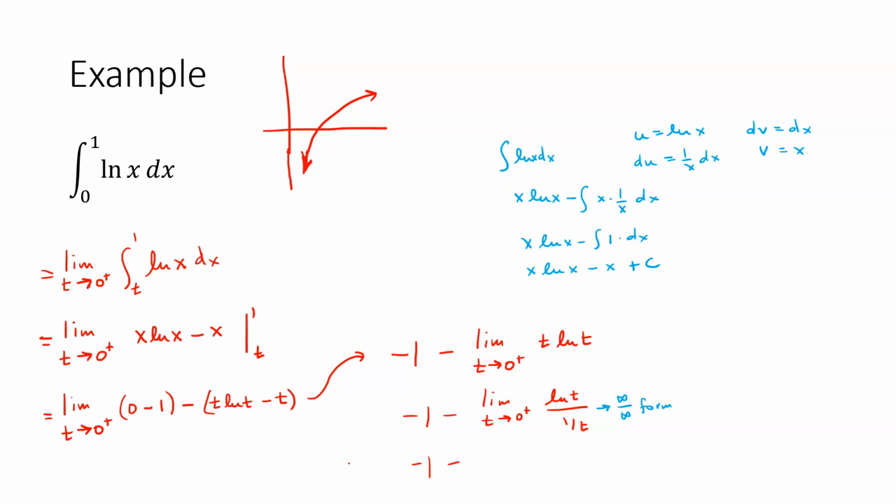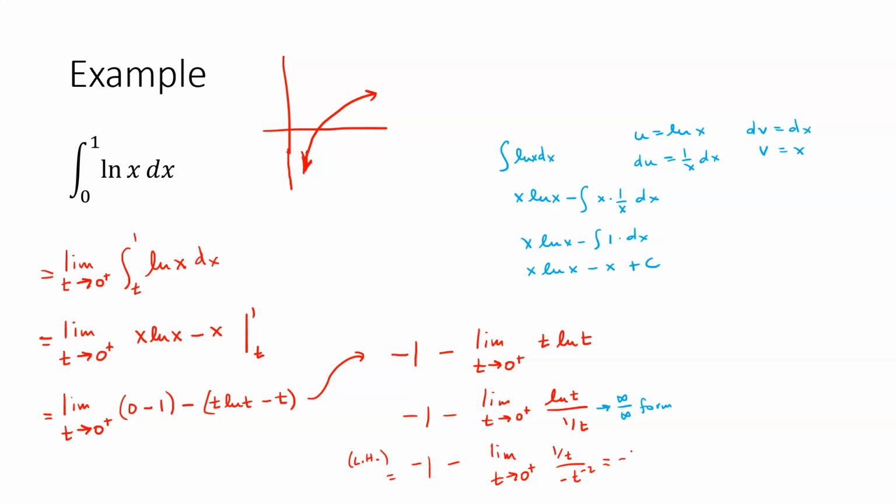So now I'll just do a little L'Hopital's rule. The derivative of ln of t in the numerator will be 1 over t. The derivative of 1 over t in the denominator, remember that's t to the negative 1, so the derivative will be negative t to the negative 2.